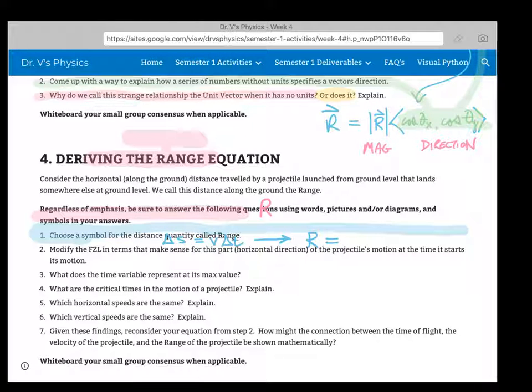What's happening to the y speed of this object? It's changing. It goes from 0 to something, right? What does it do? What happens to the y speed? It starts at 0. Does it go back to 0? How many times does it go to 0?